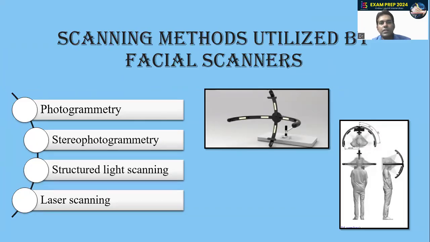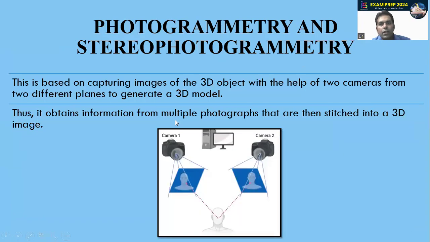Now, there are different scanning methods which are utilized by facial scanners. They are photogrammetry, stereophotogrammetry, structured light scanning, and laser scanning. Now, in case of photogrammetry and stereophotogrammetry, this is based on capturing the images of a 3D object with the help of two cameras from two different planes to generate a 3D model.